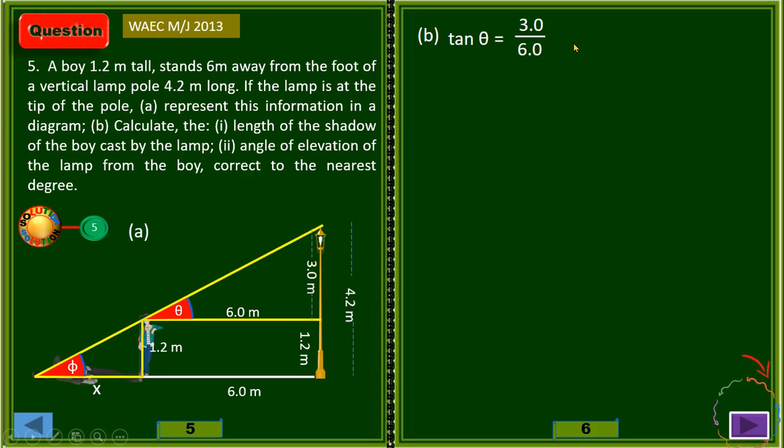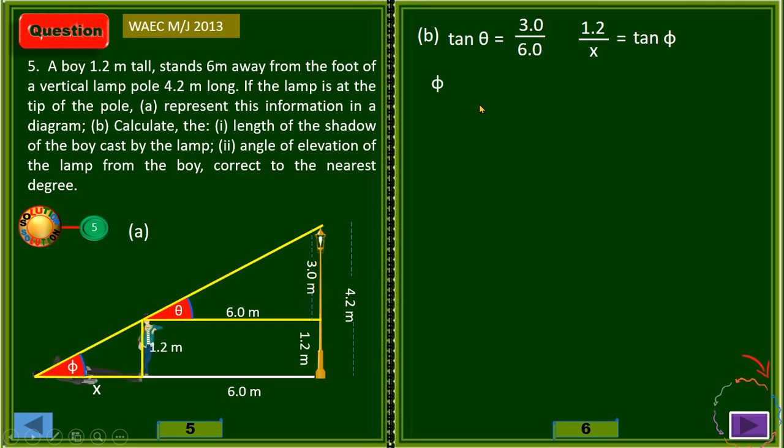So we need to find tan phi using this height and this height, and using that we are going to have 1.2 divided by the height that's being highlighted now, which is x. So we have tan theta equals 3 over 6, and we have tan phi equals 1.2 over x. But as I said, these two angles are equal, corresponding angles.